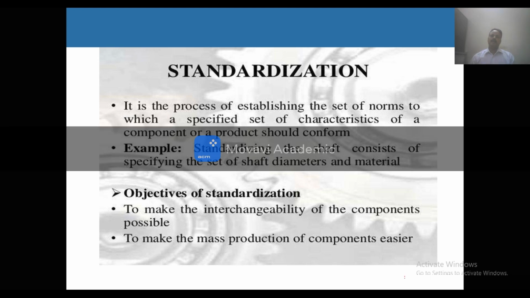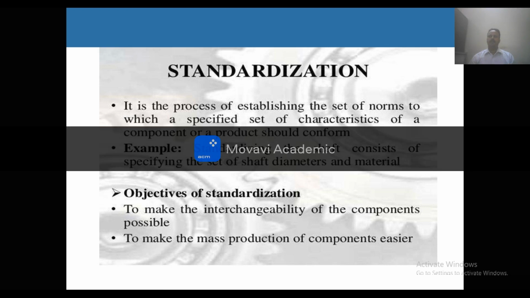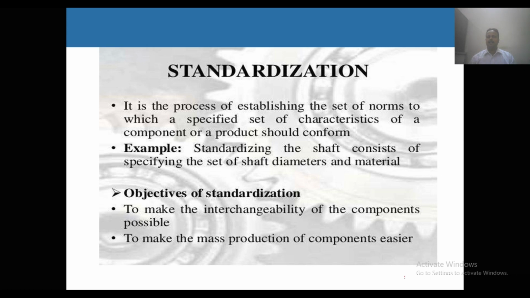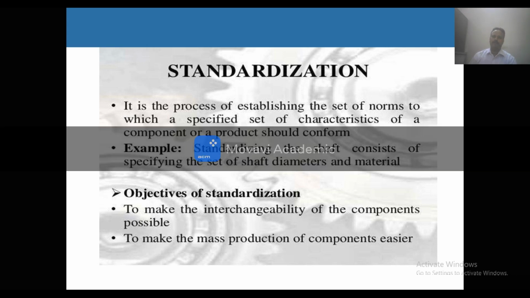Moreover, it makes mass production of the components easier because you don't need to design a tire for an Alto vehicle. Once the specifications have been selected, the rim, the brake shoe pad on which it is mounted, everything is well defined, and you can only order from the market.